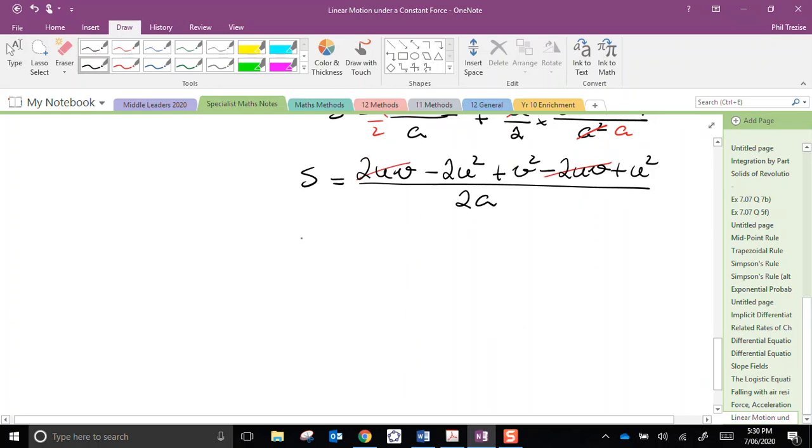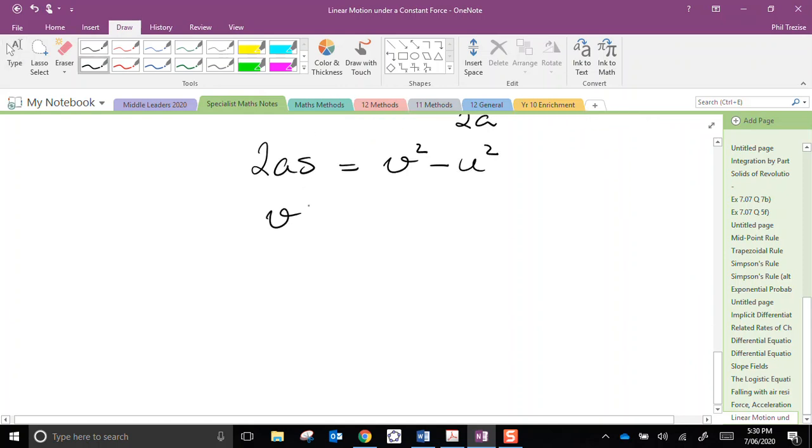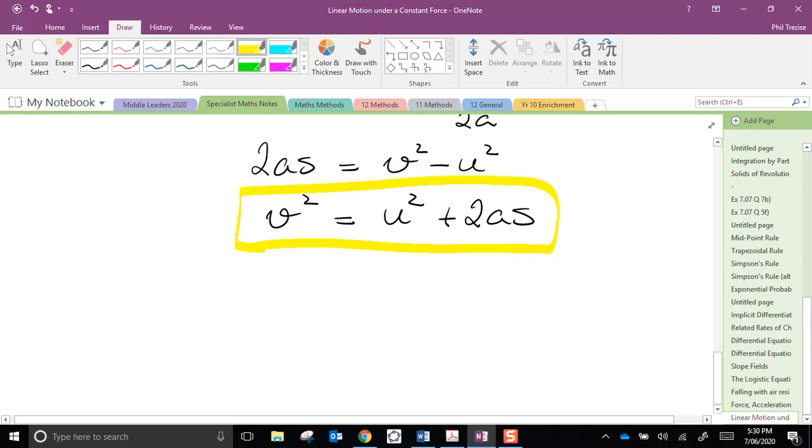I might as well multiply by the 2a. I have 2 times a times s. Now there's a v squared, then I have u squared minus 2u squared, which is minus u squared. And this is sometimes written as v squared equals u squared plus 2 times a times s. And that is the third equation of motion.